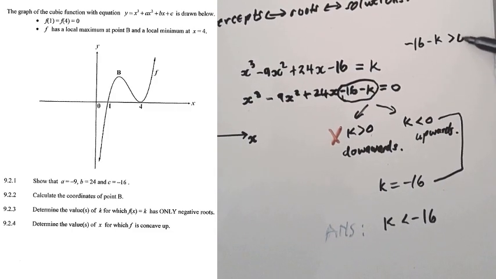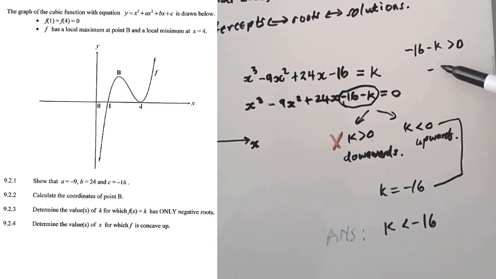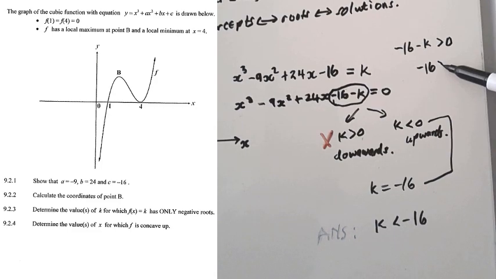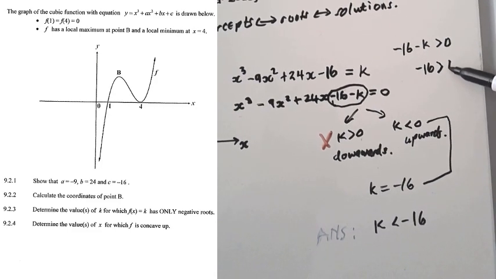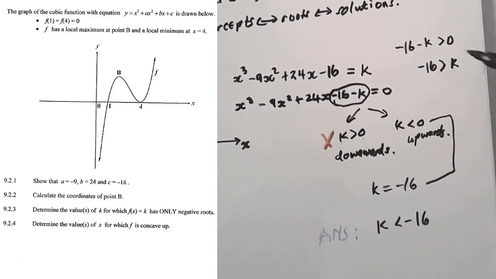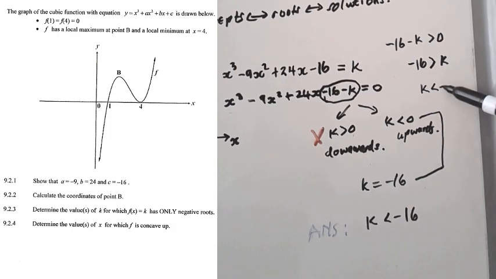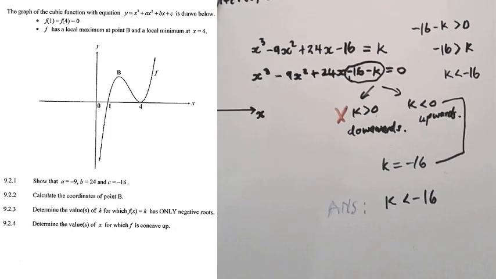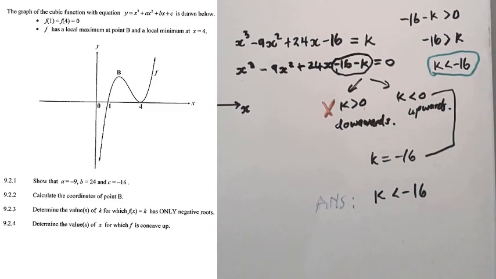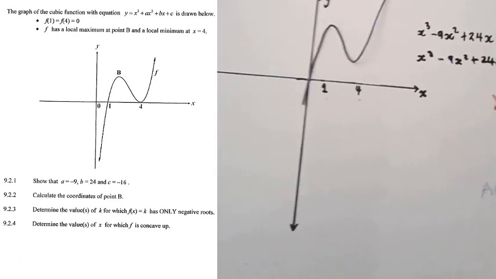Solving this inequality, negative 16 is going to be greater than k, if you add k to both sides, and this is basically the same thing as saying k less than negative 16. So that's how you could have solved this question.